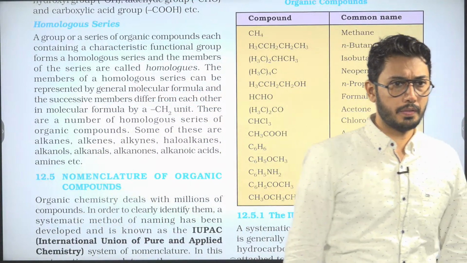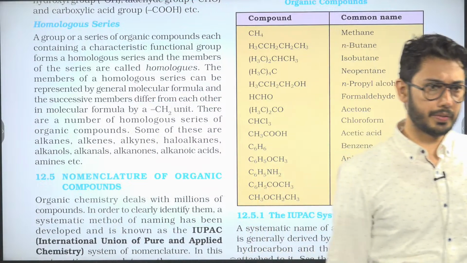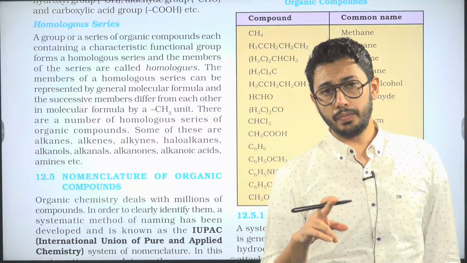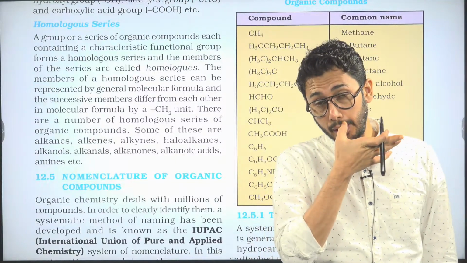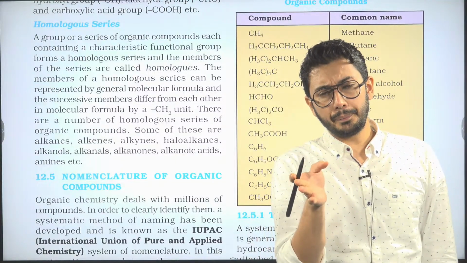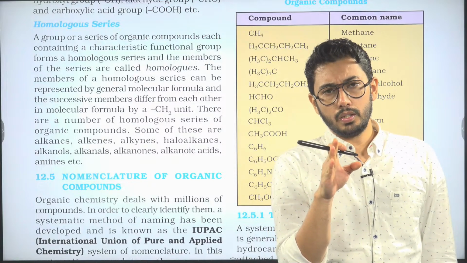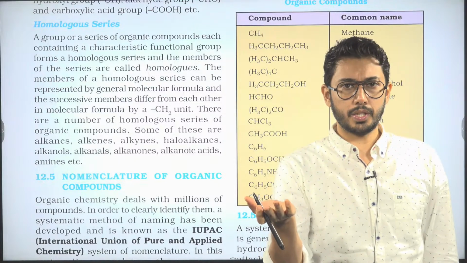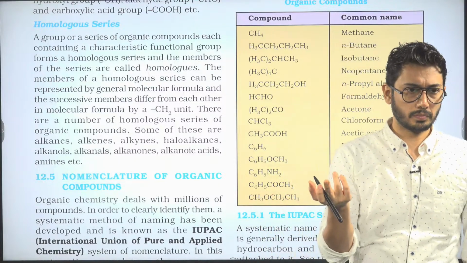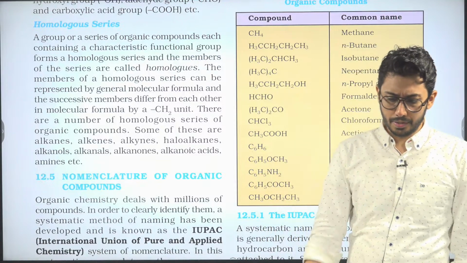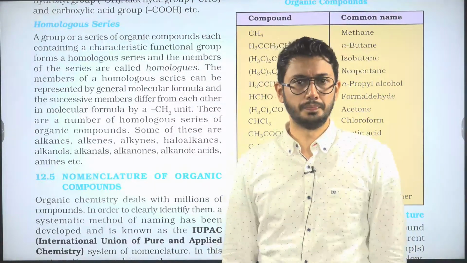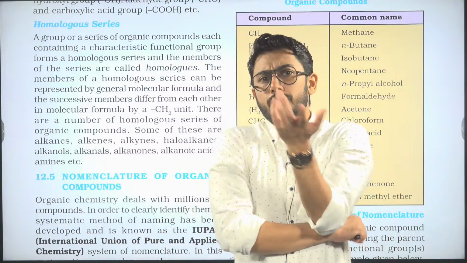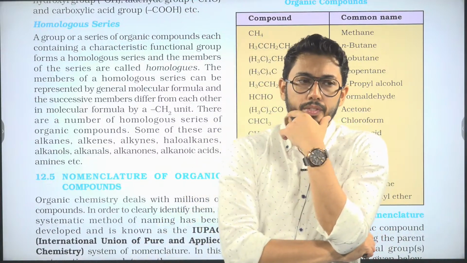Okay, one difference is already mentioned: they differ from each other by a CH2 unit. Apart from that, can we say they have similar chemical properties and similar physical properties also, or does a difference arise? Tell. Or can we say both chemical and physical properties are the same?